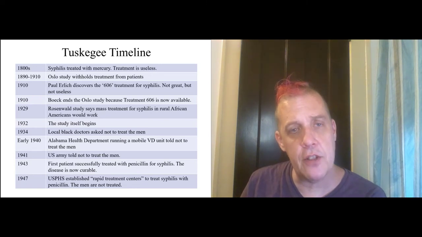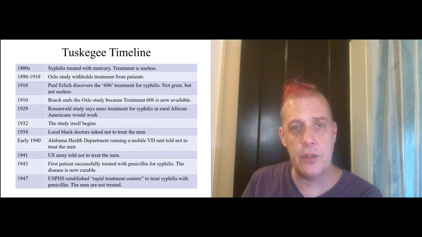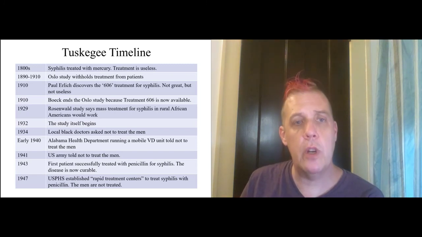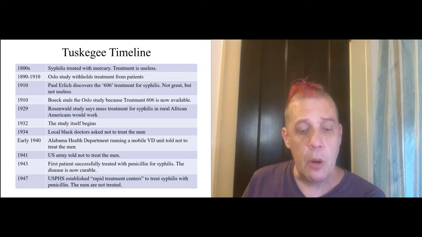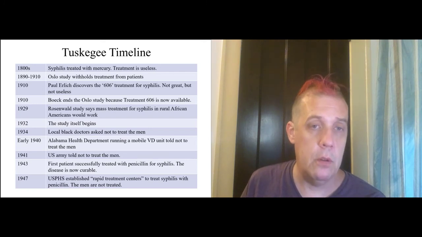1932, nevertheless, it is decided that doctors will begin to follow black patients who have syphilis, and we are simply going to observe the process of the disease and not treat these people even though we could.